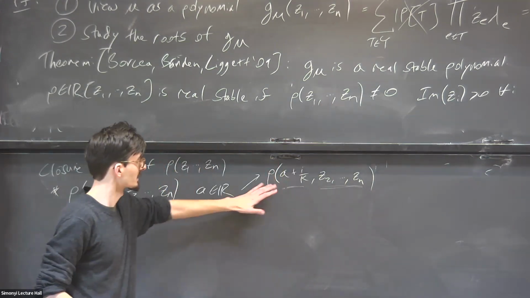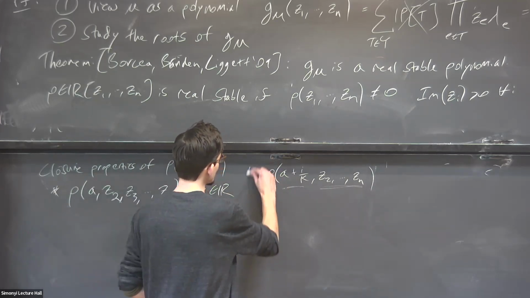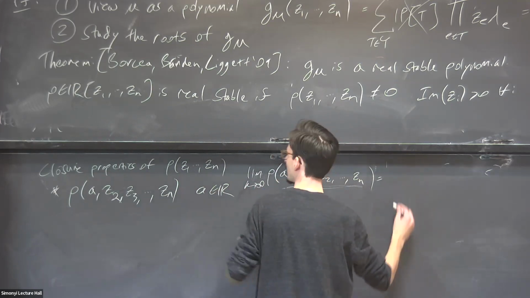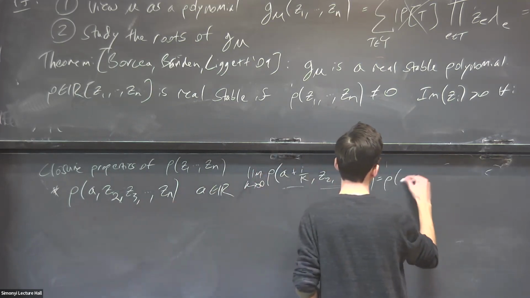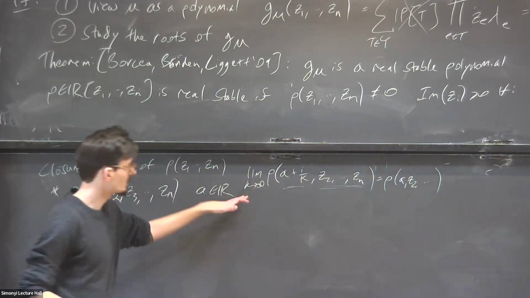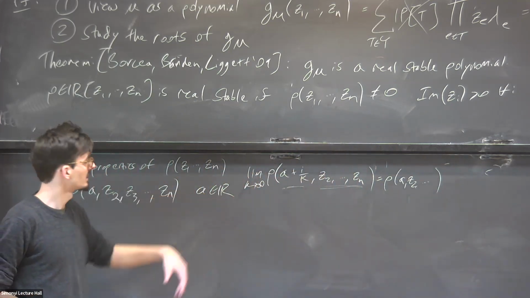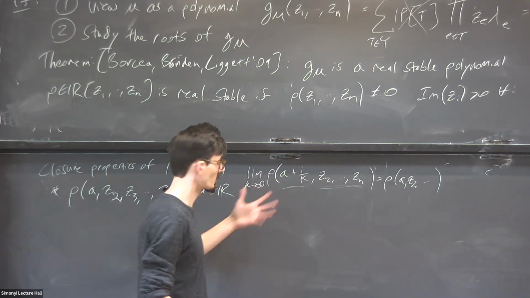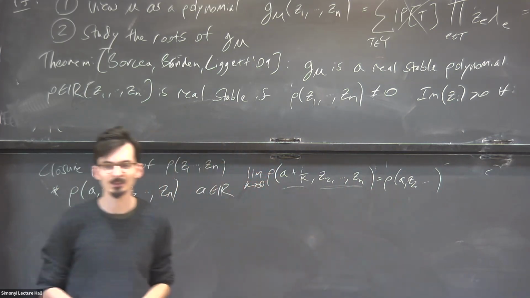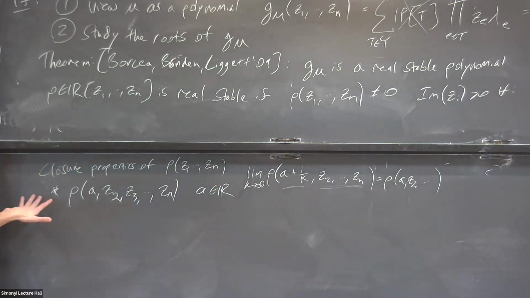So this is definitely real stable. But now if I take the limit as k goes to infinity, this is exactly P with a plugged in. Now you apply Hurwitz's theorem; a corollary of Hurwitz's theorem is that the limit of real stable polynomials is also real stable. That gives you the first result.